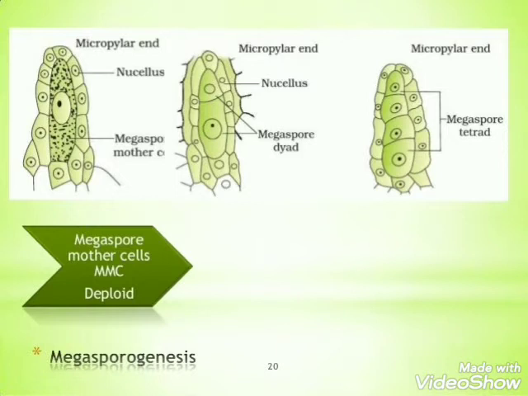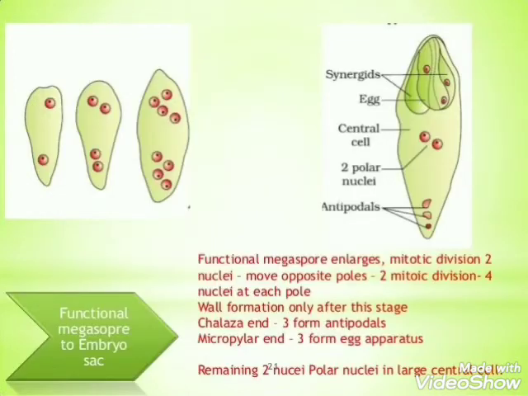The one functional megaspore develops into the female gametophyte or embryo sac. This type of development is known as monosporic development. The formation of the female gametophyte or embryo sac is called megagametogenesis.